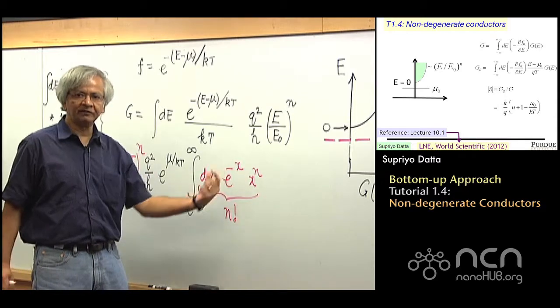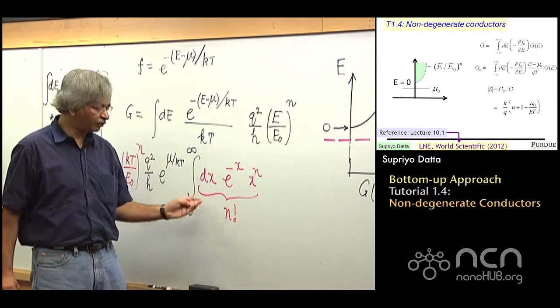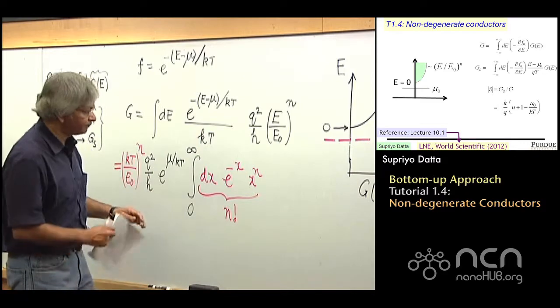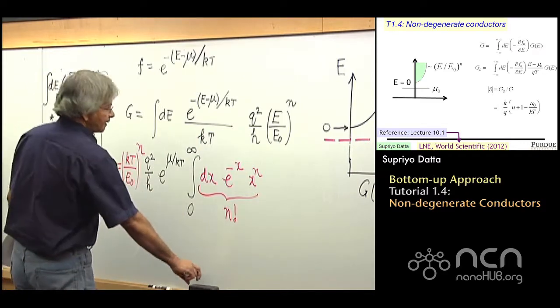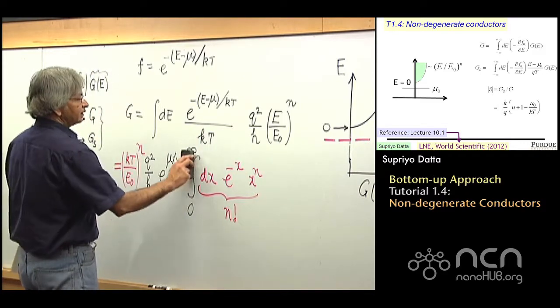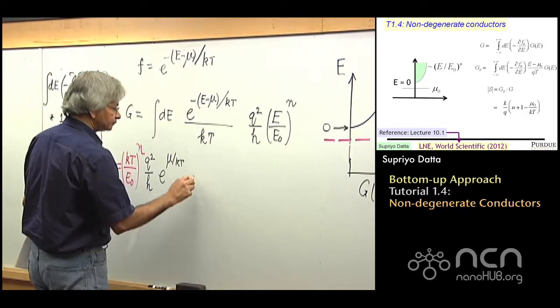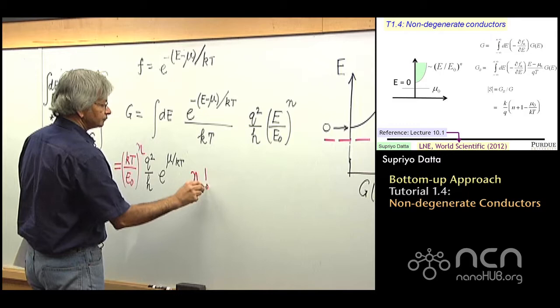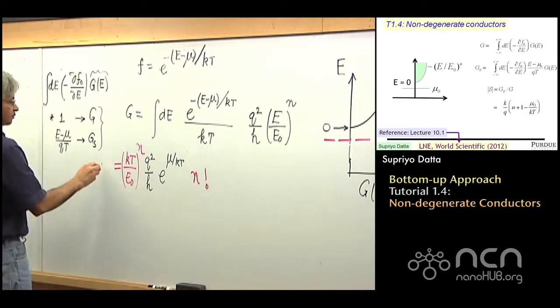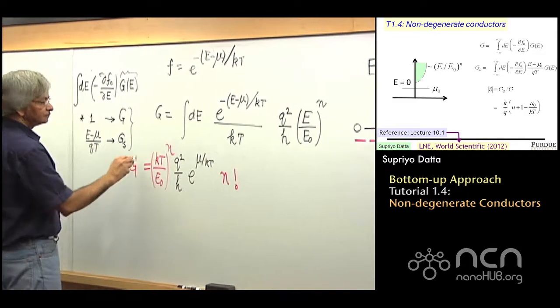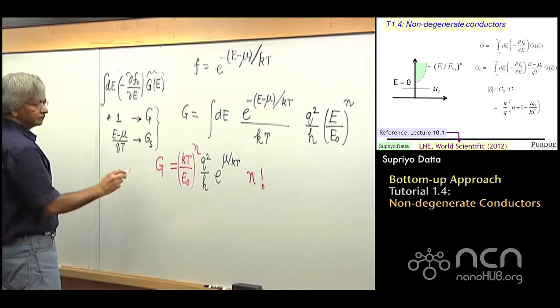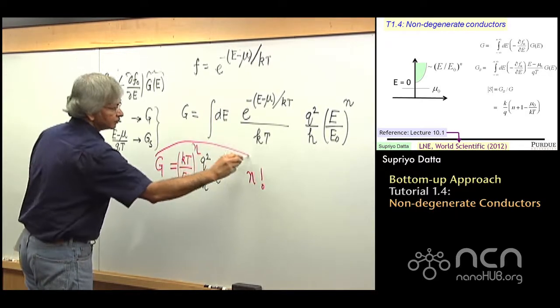If it's 4, it will be factorial 4, that will be 24, and so on. So that's a standard integral. And so instead of this integral, I could write just factorial n. So this is then our expression for G. So let me write it here.